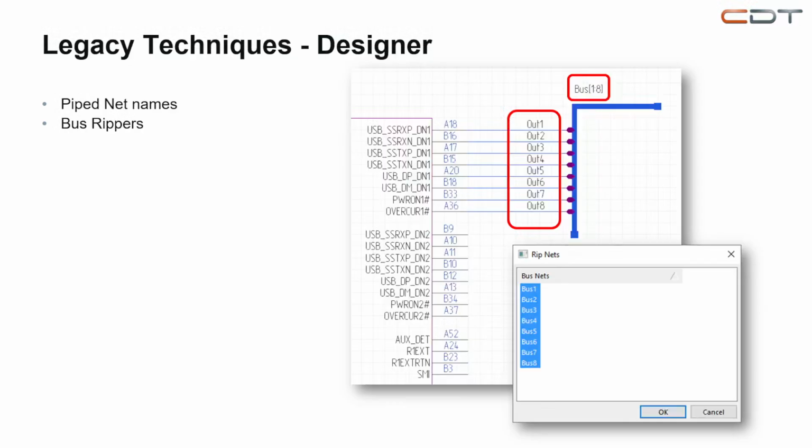If we connect this bus to nets out 1, out, whatever, names are up to you, and rip them, you will get a new window called rip nets. And then you need to manually assign a net from outside of the bus to the net inside the bus.